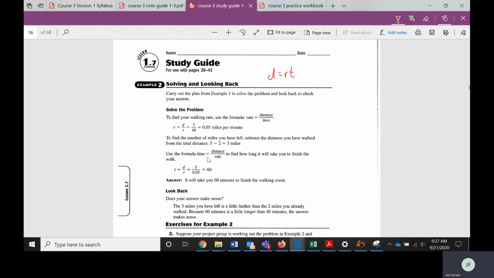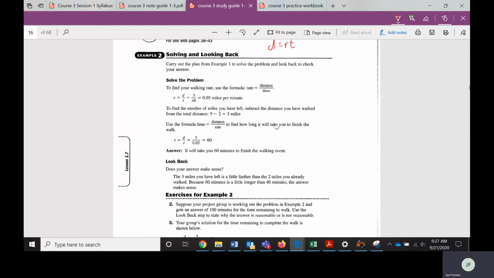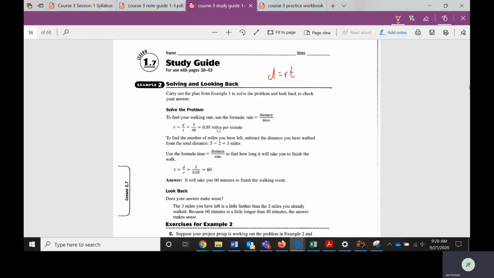I don't like what they're doing here. Let's read through this. It says to find the number of miles you have left, subtract the distance you walked from the total distance. So we talked about that. You've walked 2 miles, there's 5 miles total, so you're going to go 3 miles. I see they made a misprint here.